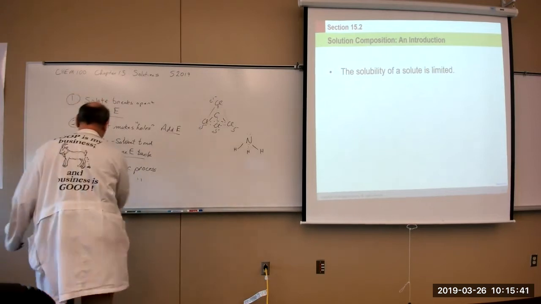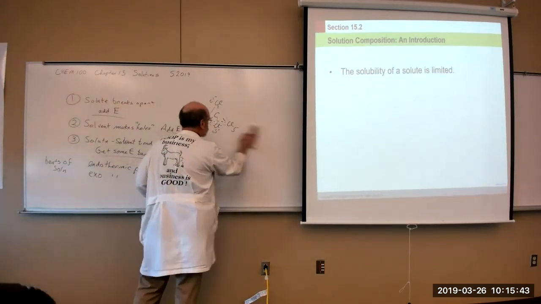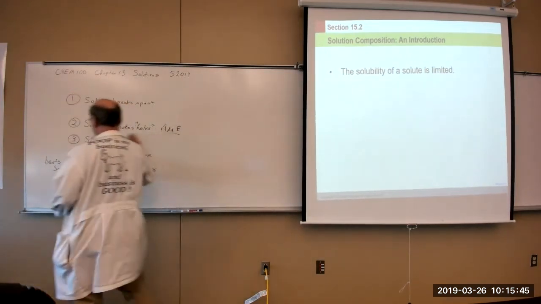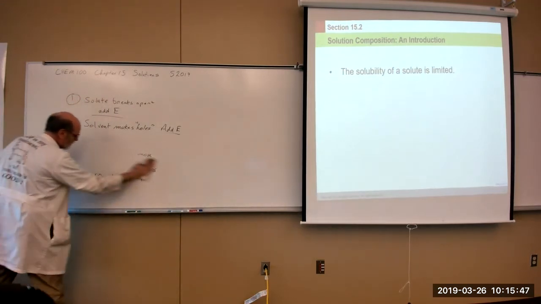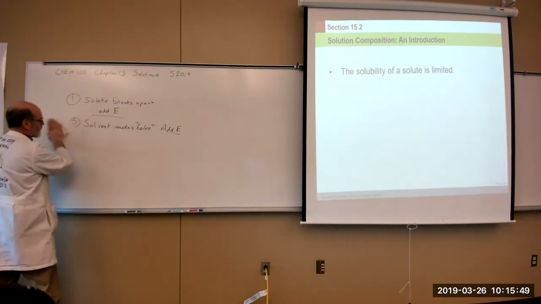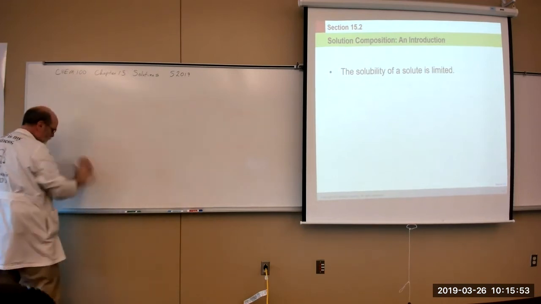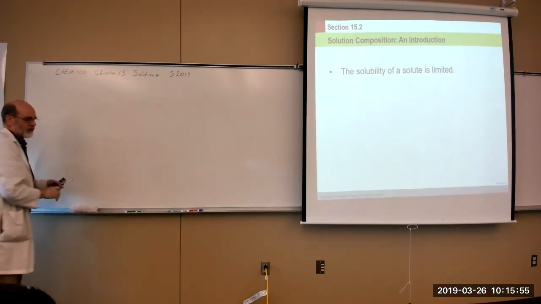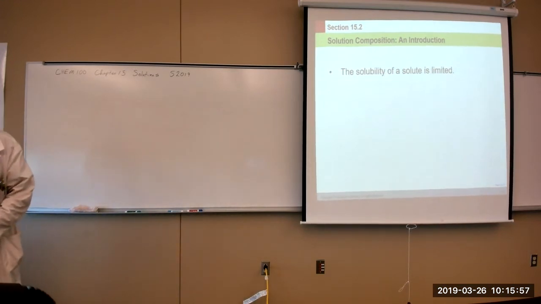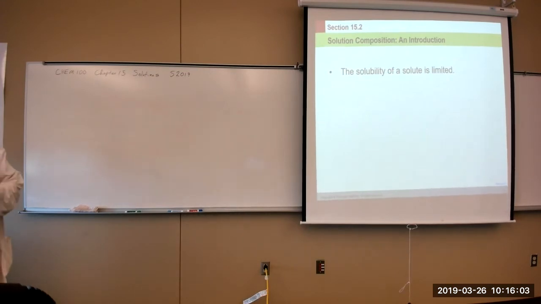Okay, so we talked about what makes a solution and the terminology. But we also have to recognize that there are limits. When you break your solute apart, you make holes in your solvent, and there are limits to how many holes you can make. So once you reach that limit, you have saturated your solution. You can't put any more in it.